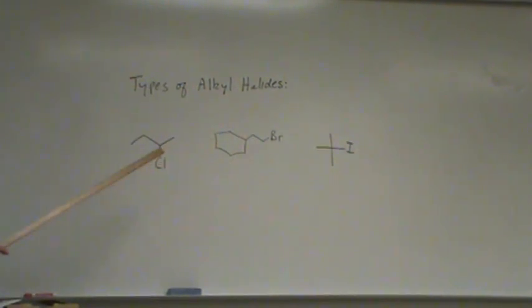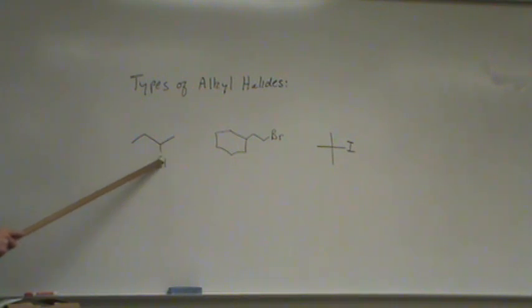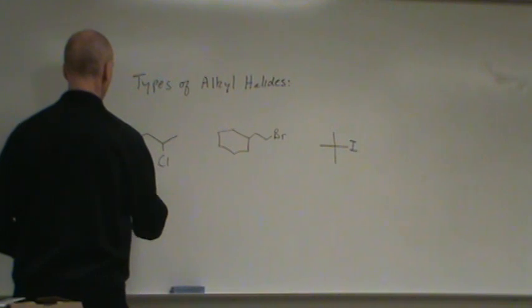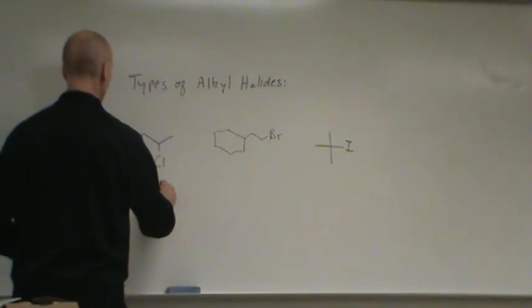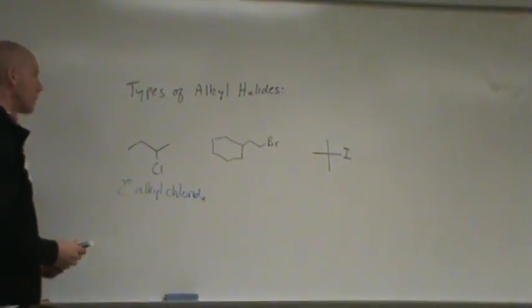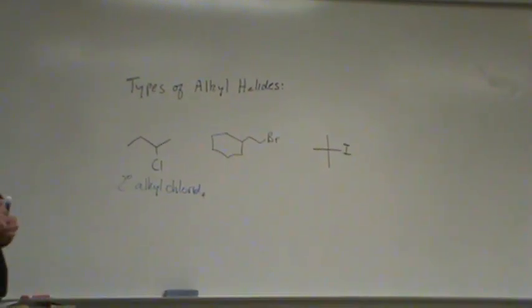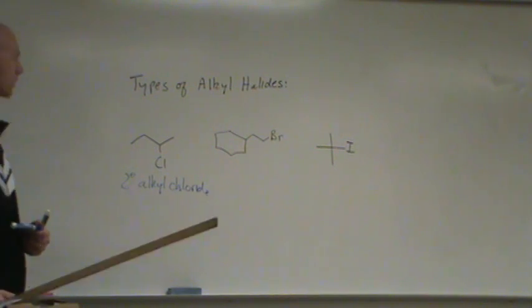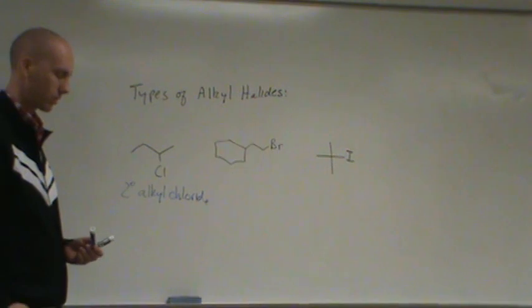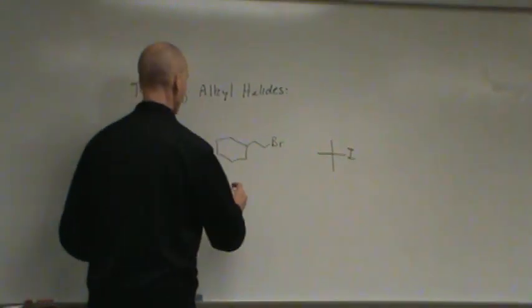So if you look here, what kind of carbon is attached to this chlorine here? Is it a primary or secondary? So we would say this is a secondary alkyl chloride. What kind of bromide is this? Primary.